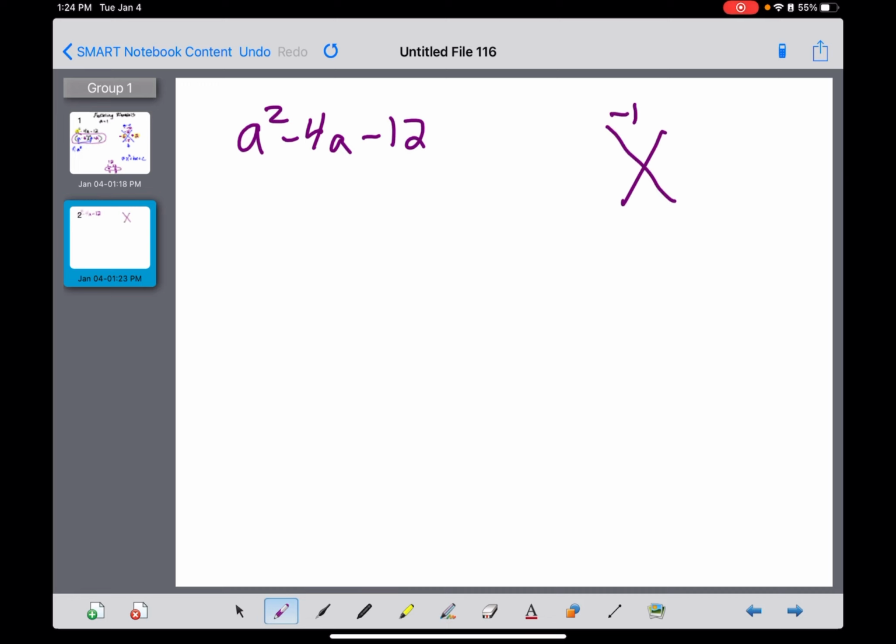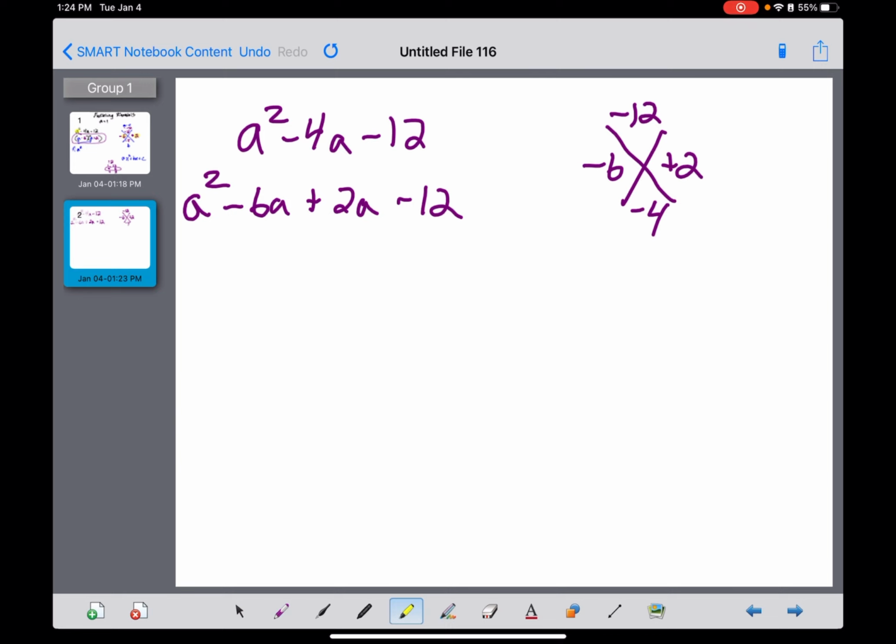But you still start out the same way we did. That was negative 12 and negative 4. So negative 6 and, what do we say, it was positive 2. If we want to do this by grouping, this is called splitting that middle term. I could rewrite this as a squared minus 6a plus 2a minus 12.